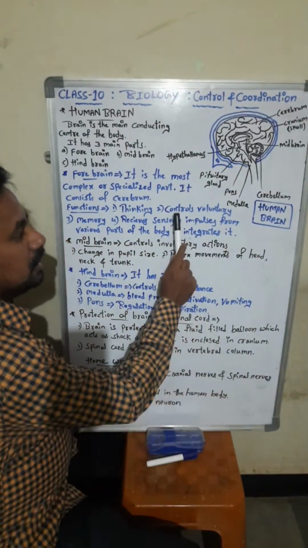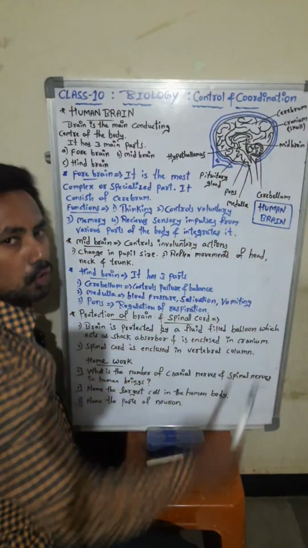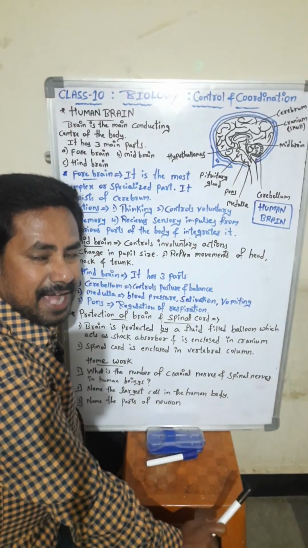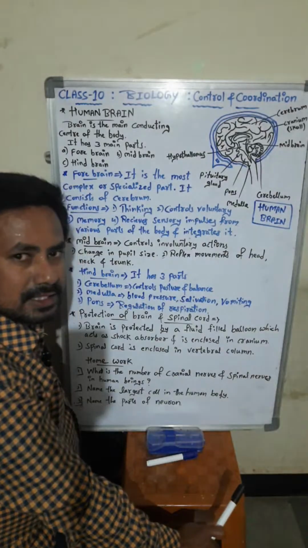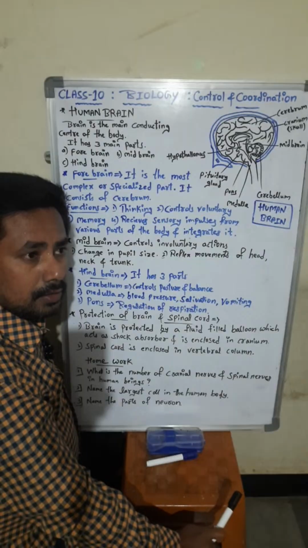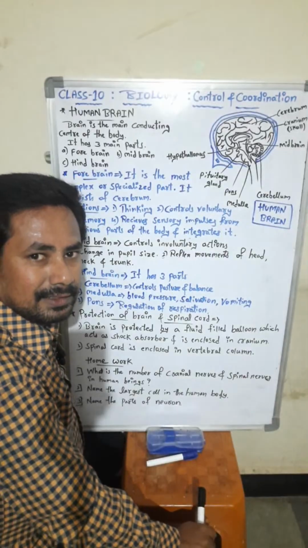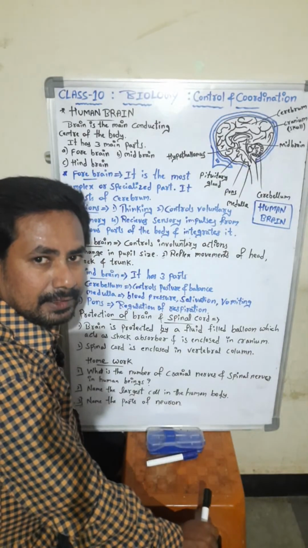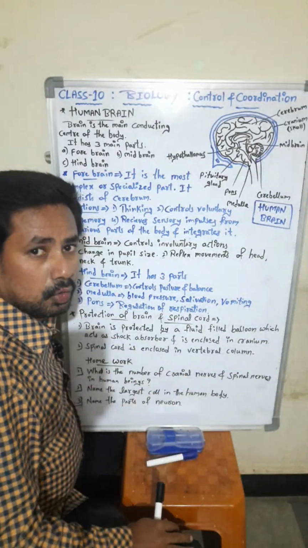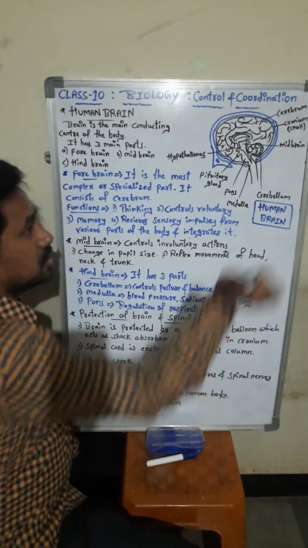That is the first function of the forebrain. Second, it controls voluntary actions, students. Voluntary actions are the actions which are under our control. Sitting, standing, walking, jumping, running, bathing, whatever things are under our control are called voluntary actions. Who controls those voluntary actions?